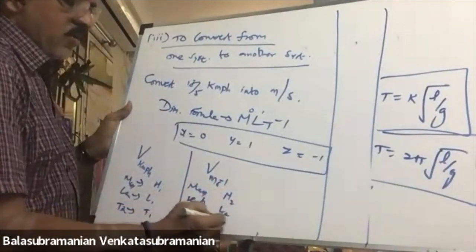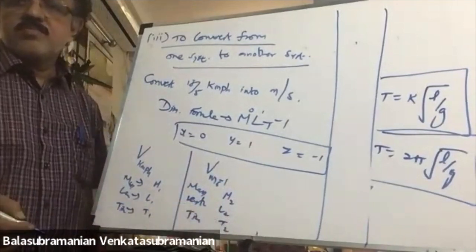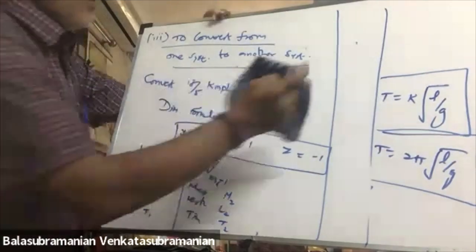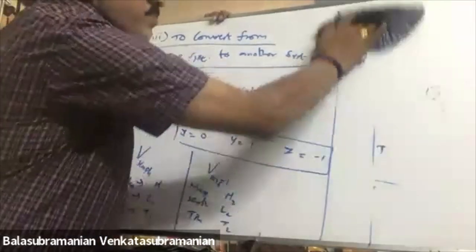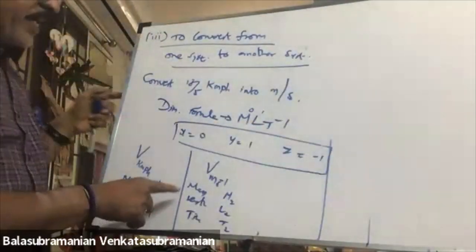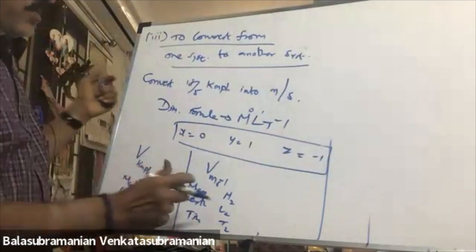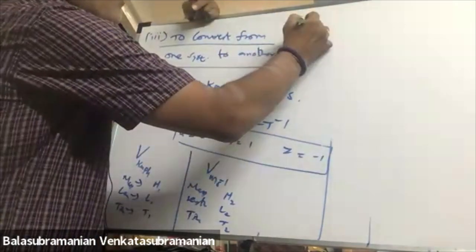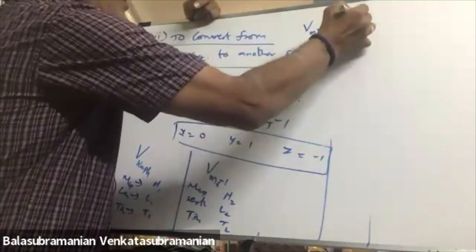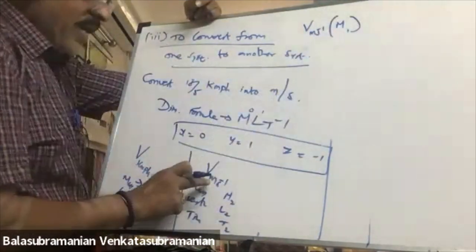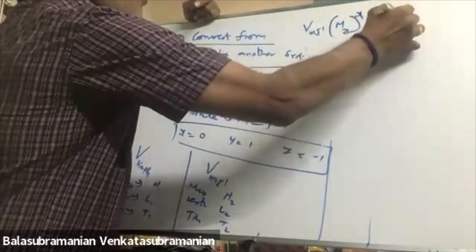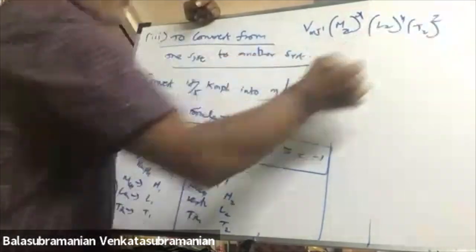M2, L2, T2. So, how will you proceed? The quantity to be calculated, you keep it on the left hand side. Velocity meter per second. M2 to be calculated on the left. M2 power X, L2 power Y, T2 power Z.